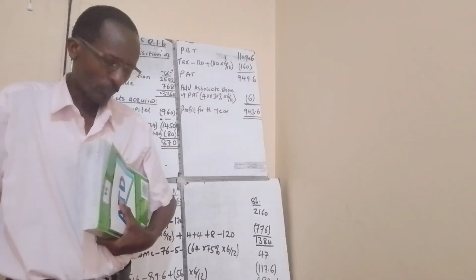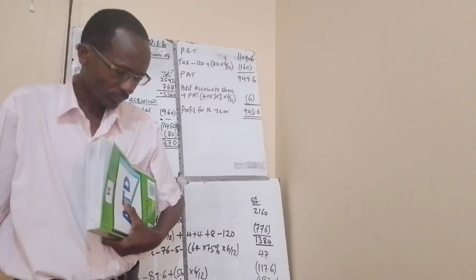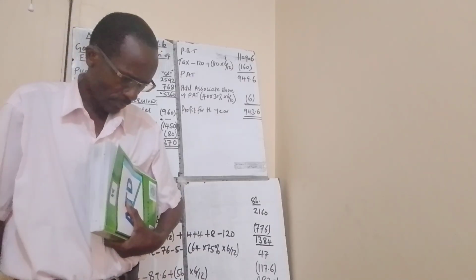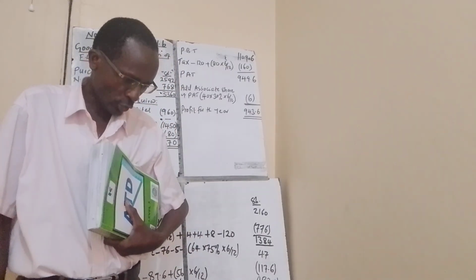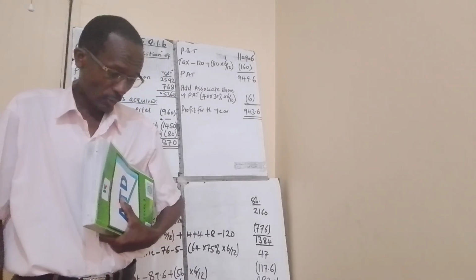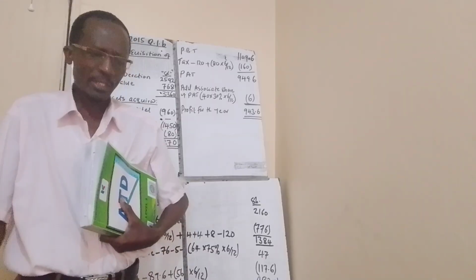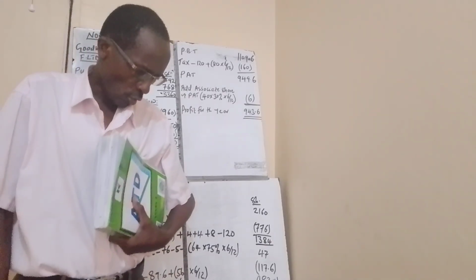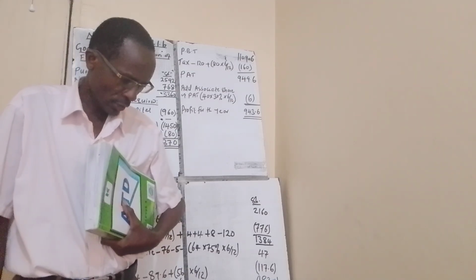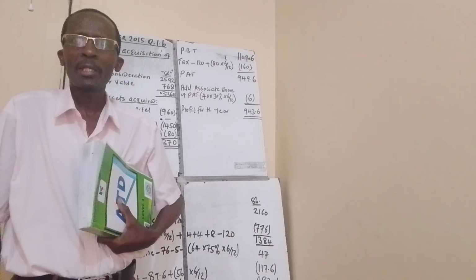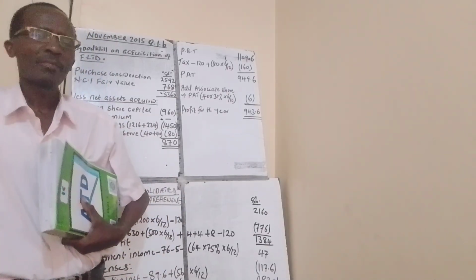Like, for example, we know what a joint venture is. That's where you have a 50% by 50% shareholding, or where the investor has joint control. Or where we have a subsidiary, where the parent acquires more than 50% of the investee.